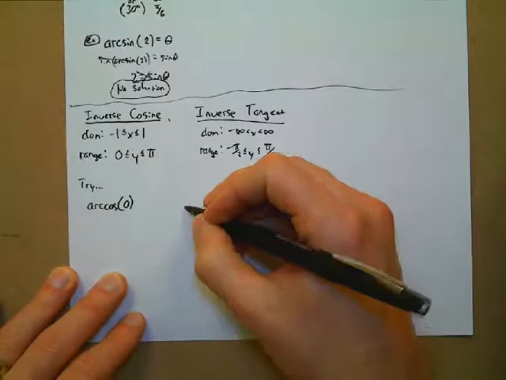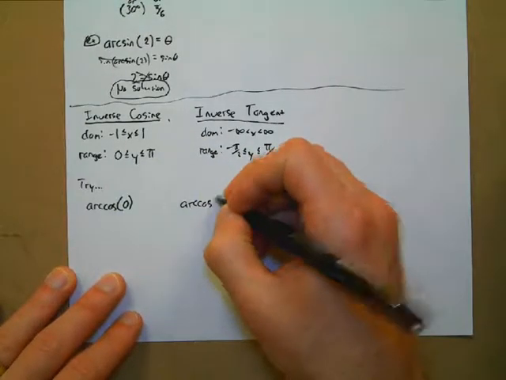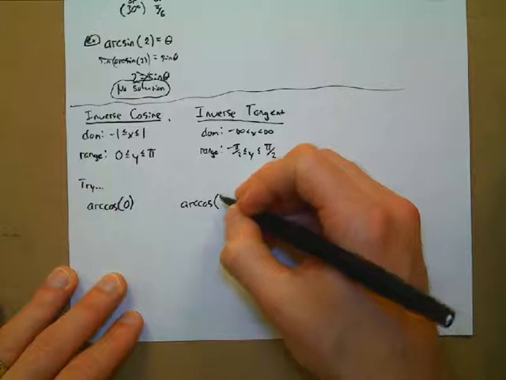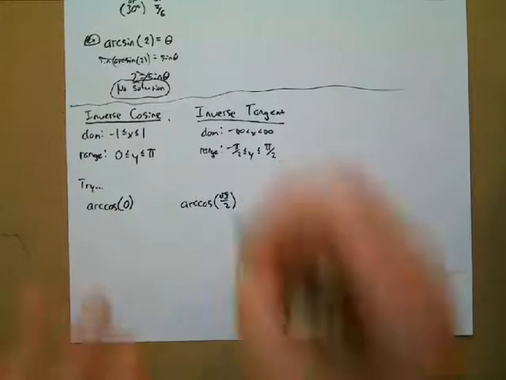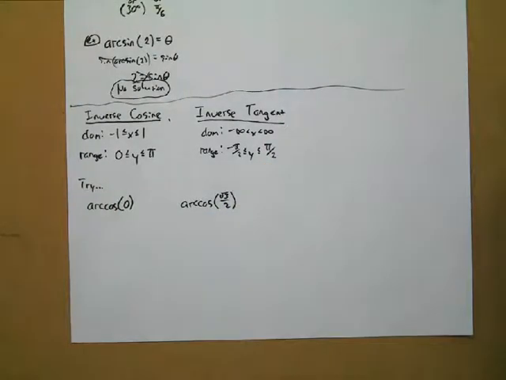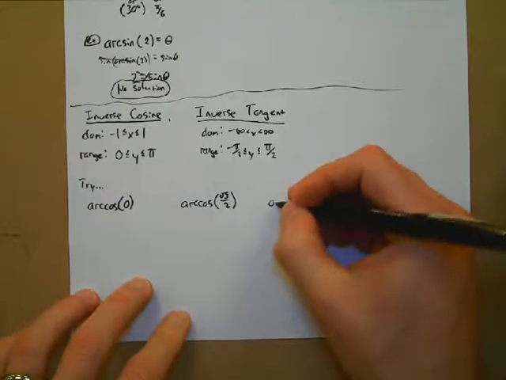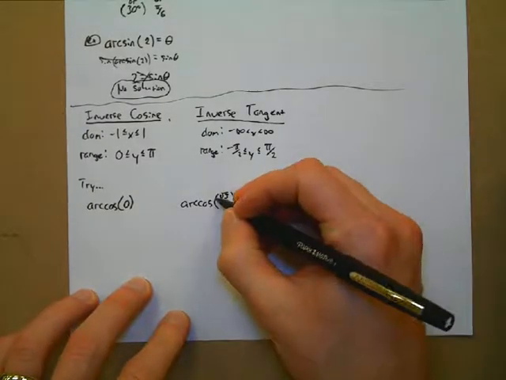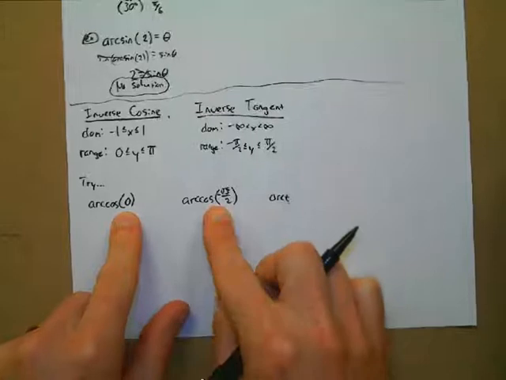And then arc tangent of negative 2.5. And again, you can give me exact values or decimal approximations.